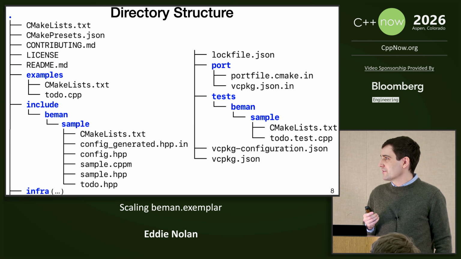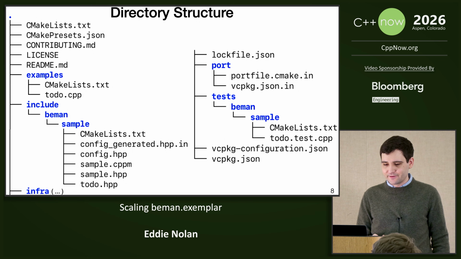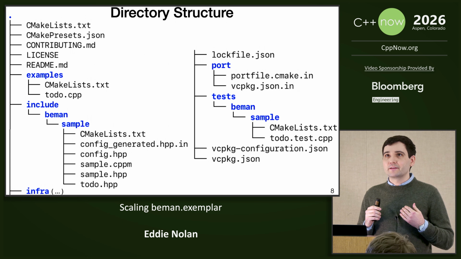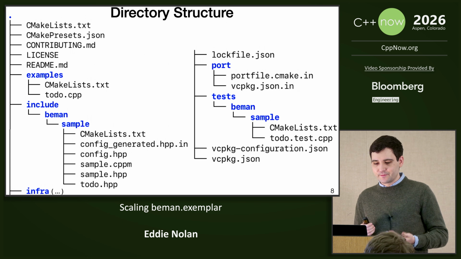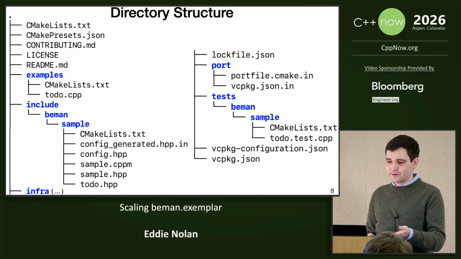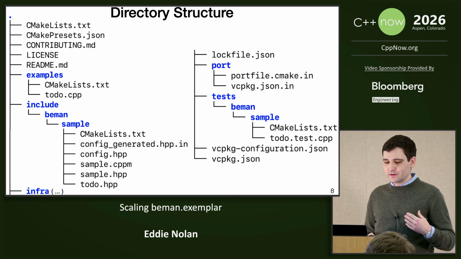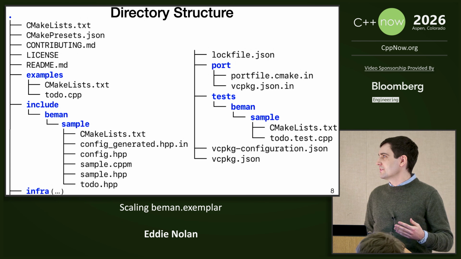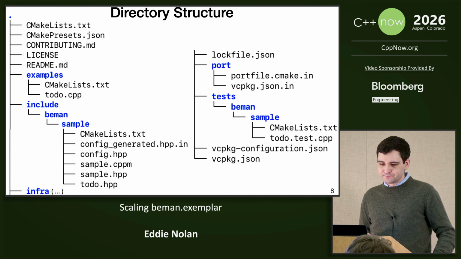The exemplar repository doesn't actually have all of these specific files because I've called this new library beman.sample, whereas in exemplar you have a library that implements an identity function. Here it's just filled with to-dos, because you're supposed to fill in everything labeled to-do in order to get started with your project.